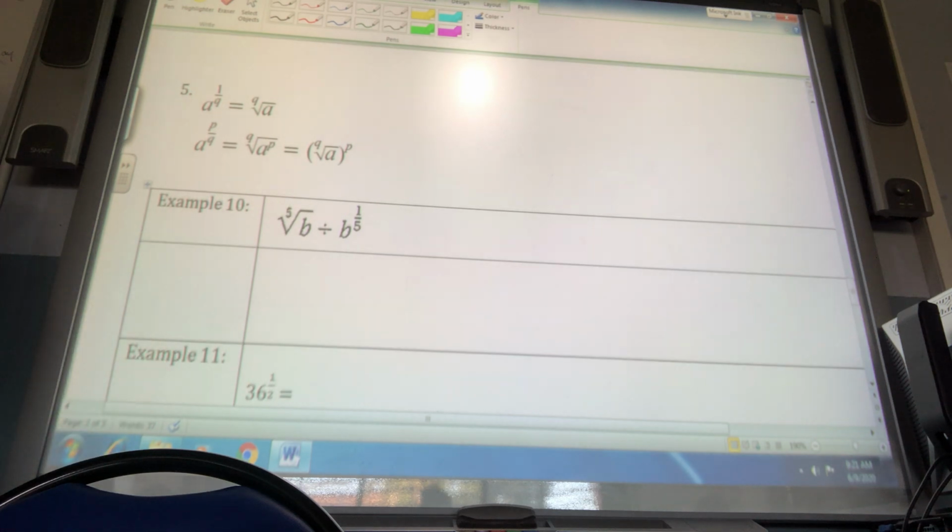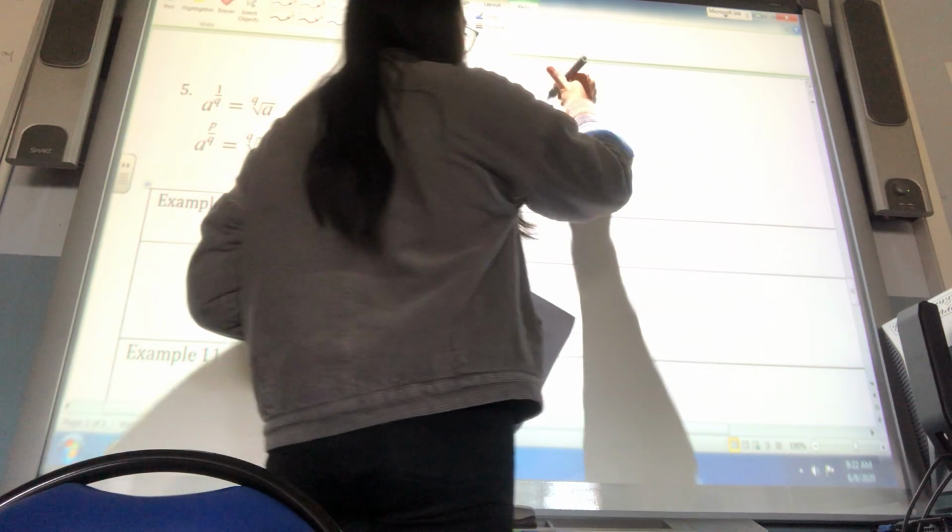So flip the page. The last one is surds. So with surds, I guess we can sort of summarize.